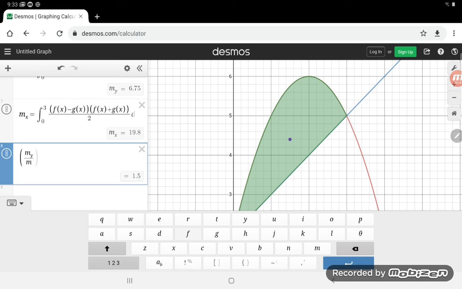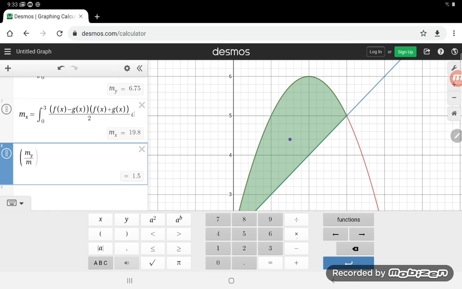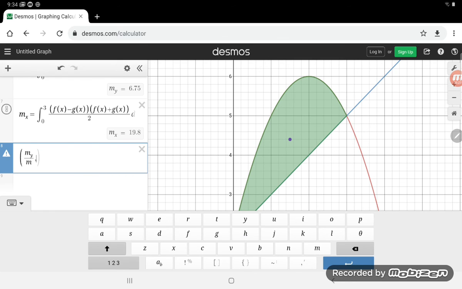And we get 1.5, and then need to arrow over and put a comma and do my m sub x.